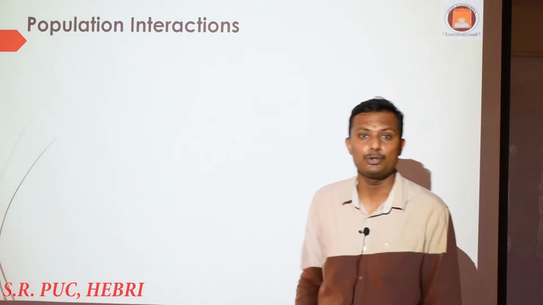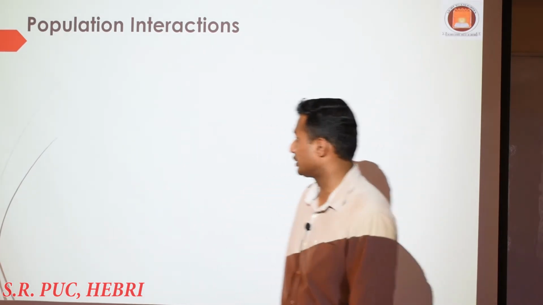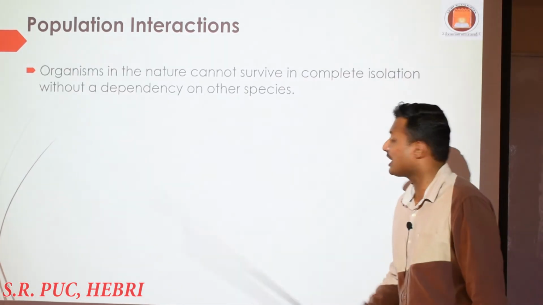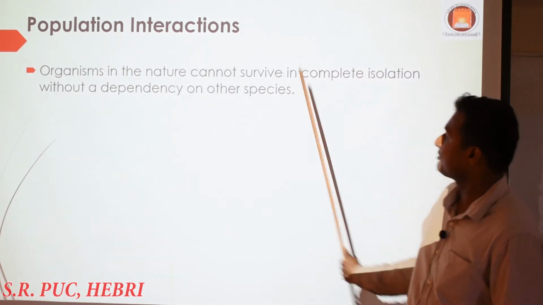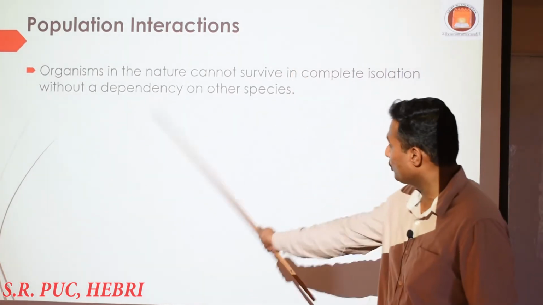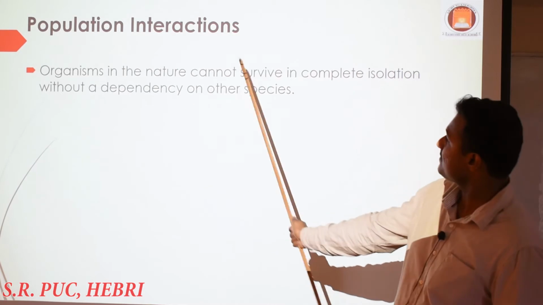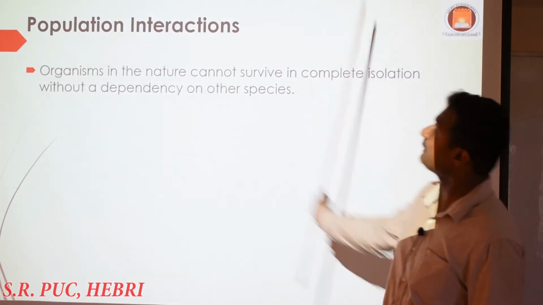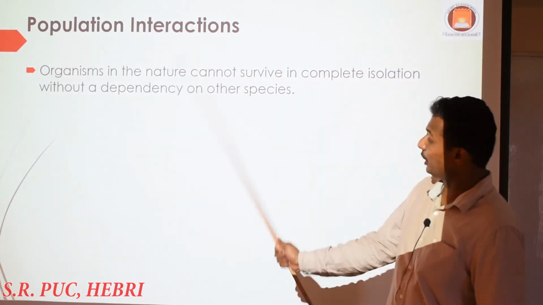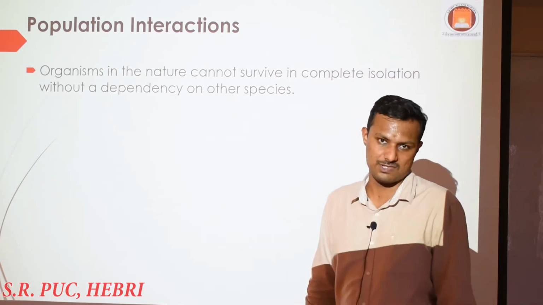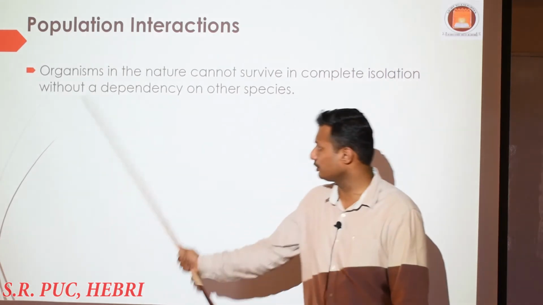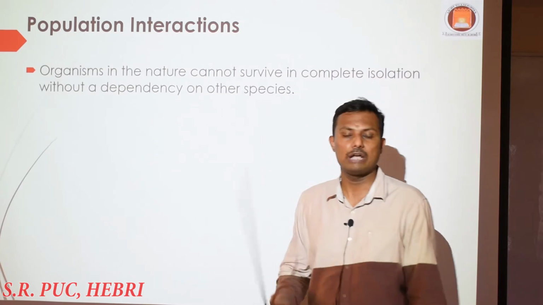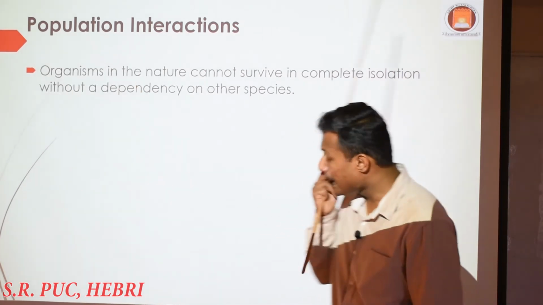That is what we refer to as population interactions. I have summed up the entire thing in one sentence here: organisms in nature cannot survive in complete isolation without a dependency on other species. I hope you have understood why this statement is made and how we can justify it.